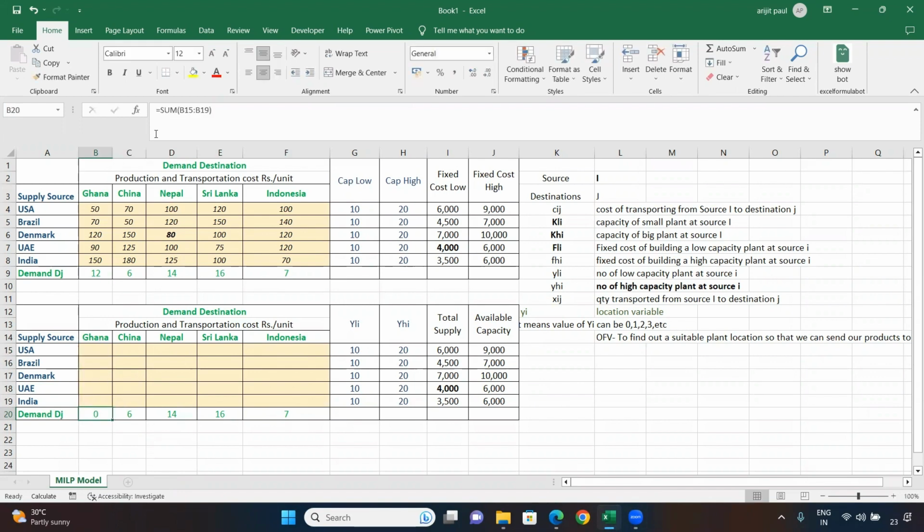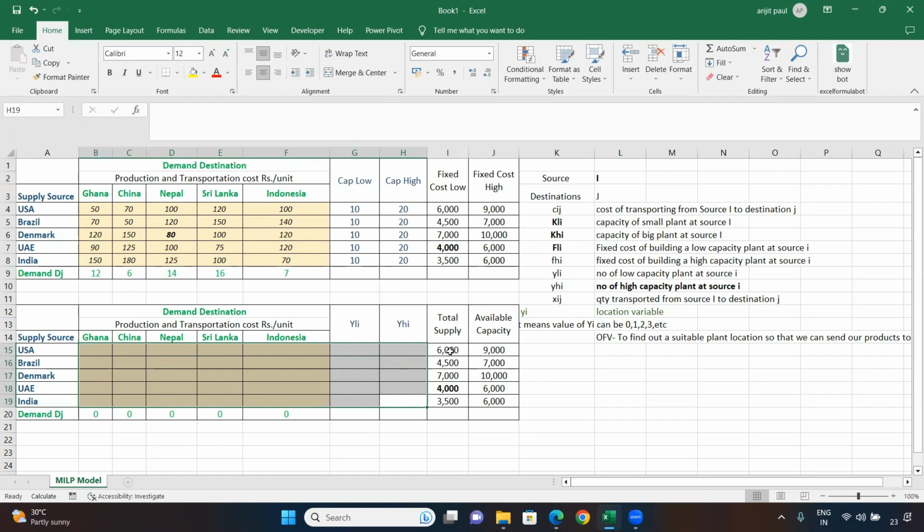Here I have mentioned summation B15 to B19. Just copy this and paste this for all the market. Now YLI and YHI, both we need to find out. This entire part becomes our decision variables.